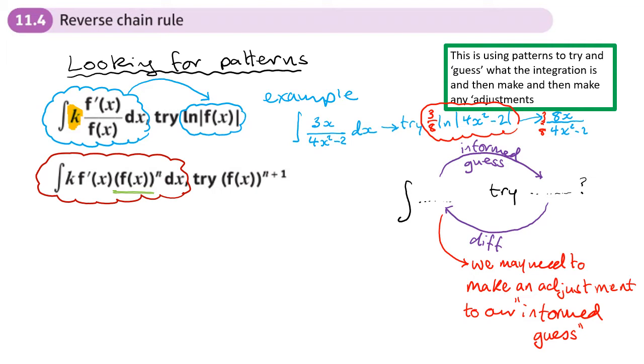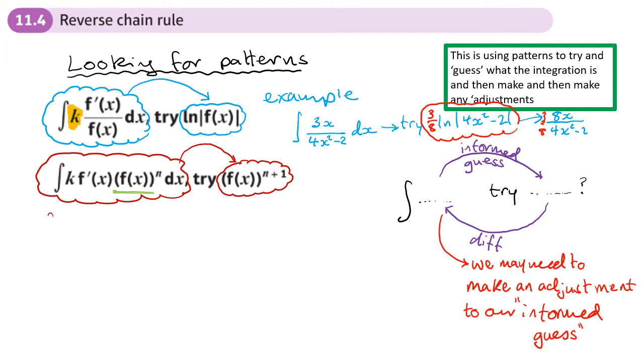So a function to a power, and then you've basically got the function differentiated times by this bit. Now if you see something like that, what you want to do is try the function f of x to one higher power. Probably best if I give you an example.